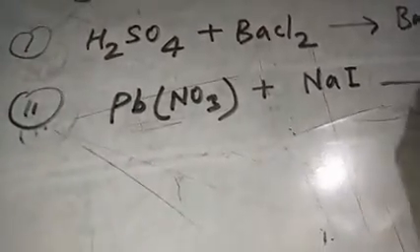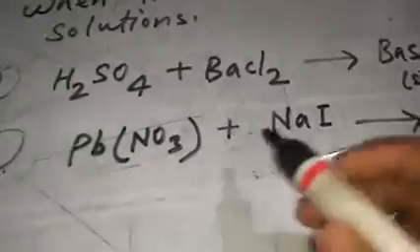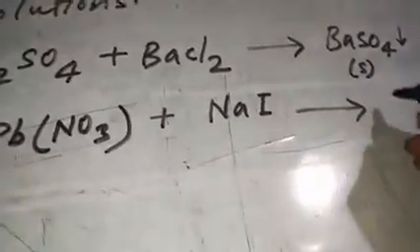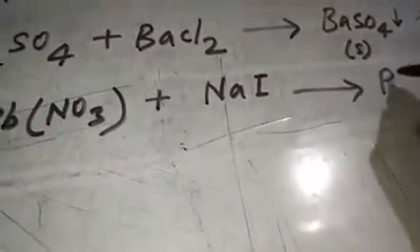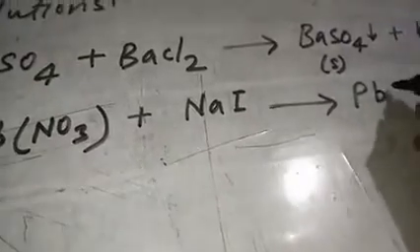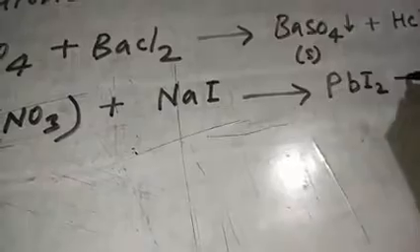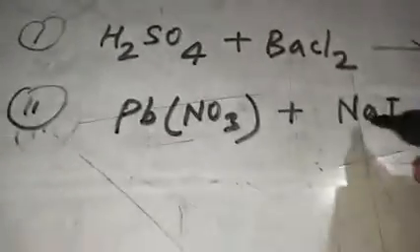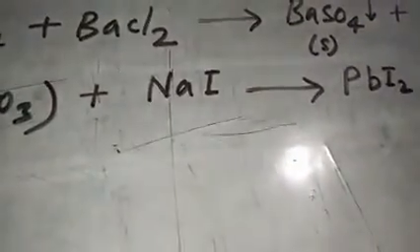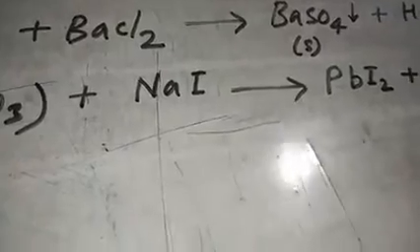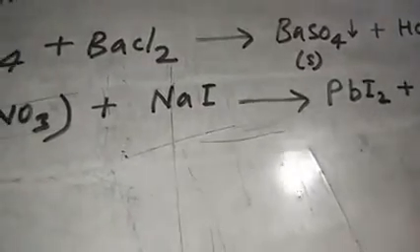Here we have taken sodium iodide. So what will it form? It will form lead iodide, PbI2, plus NaNO3, sodium nitrate.